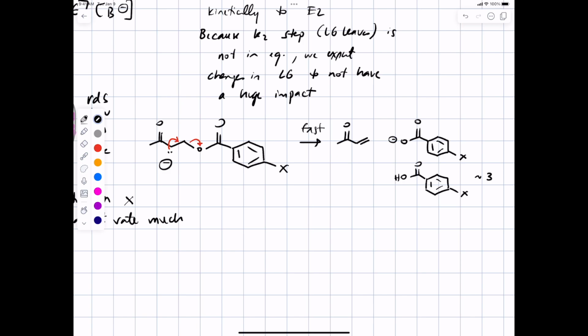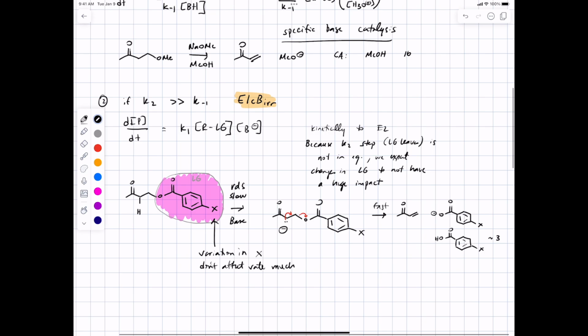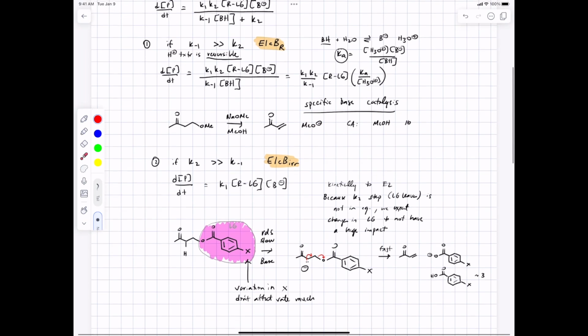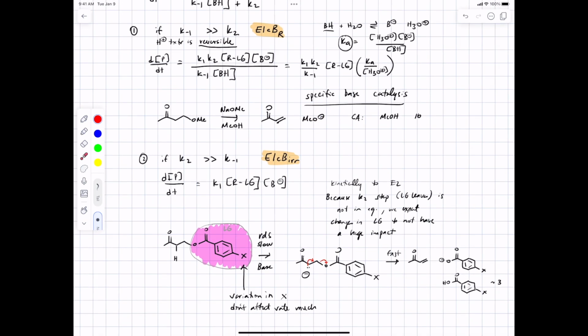So this is a better leaving group here than this is, and that's consistent with the fact that for step 1, K2 is slow. K2 is the leaving group leaving step, whereas for 2, K2 is fast. So yeah, I think it's the quality of the leaving group.